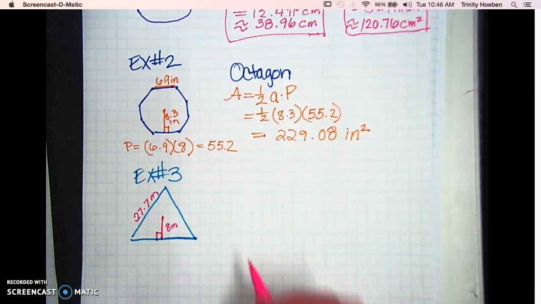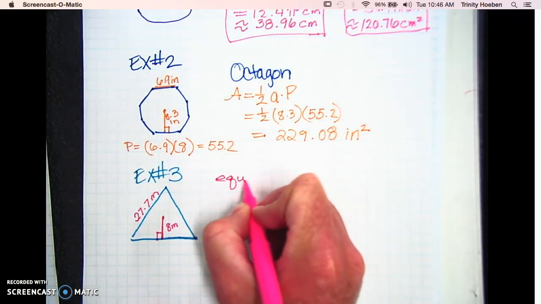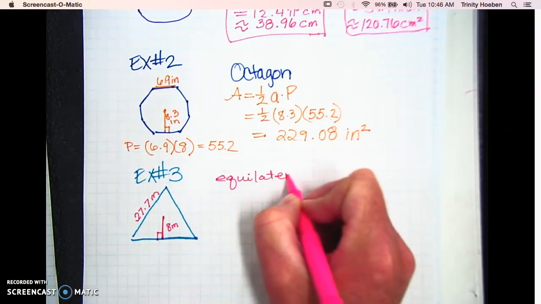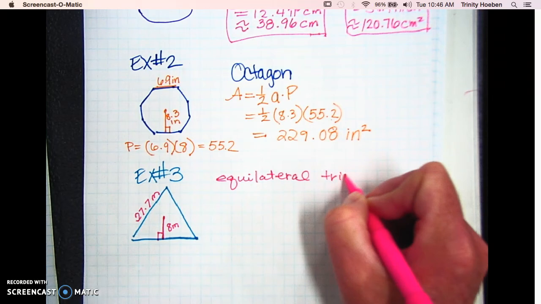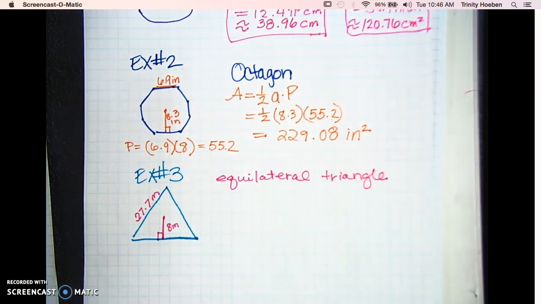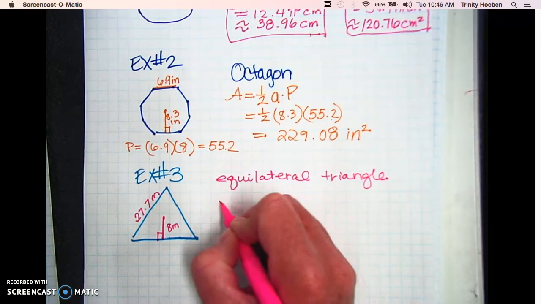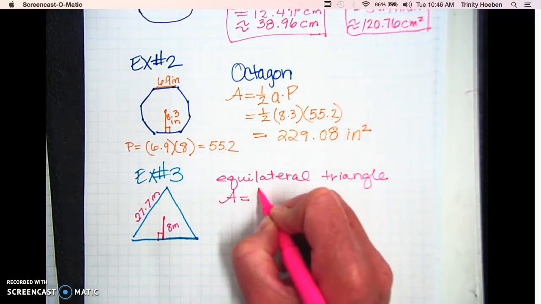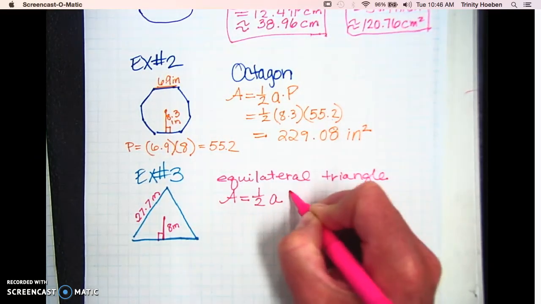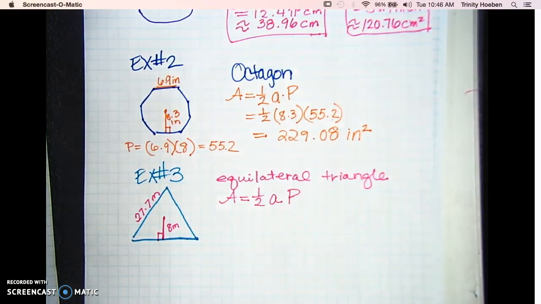So the first thing we want to do is identify this as an equilateral triangle. And if you look at your formula sheet down at the bottom, you'll see 1/2 the base times the height. But you can also, depending on what information they give you, if they've given you the length of the base, and if they've given you the height, then use that formula. But they didn't. They gave you the apothem and the perimeter. So we're going to use 1/2 the apothem times the perimeter.